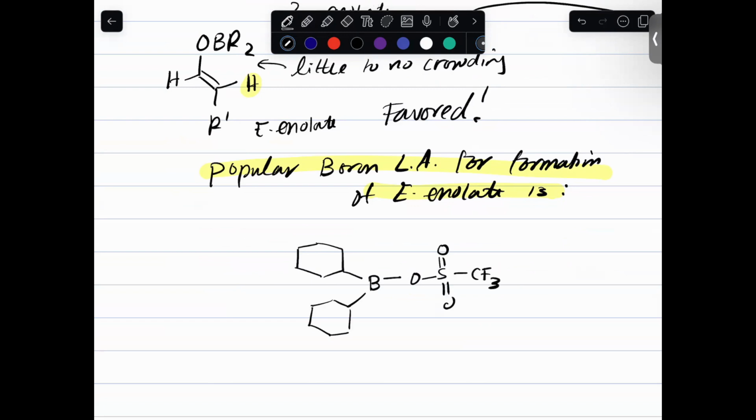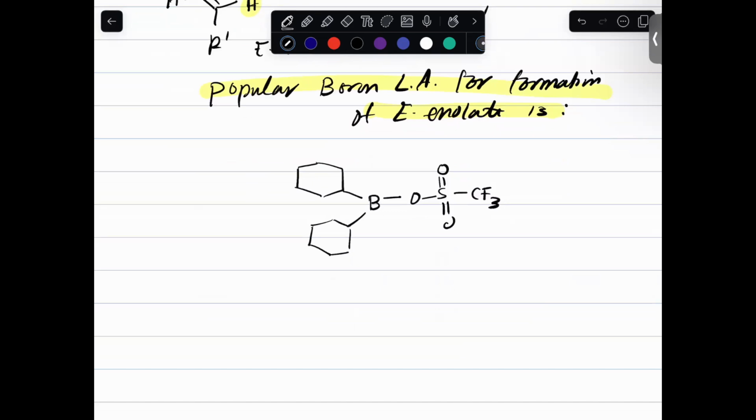Which makes sense, right? Because these cyclohexyl groups, the way I've drawn them right now, look like they're on the plane of the board, but they're not, right? They're chair conformations that are flipping, okay? And so these are bulky, large groups.